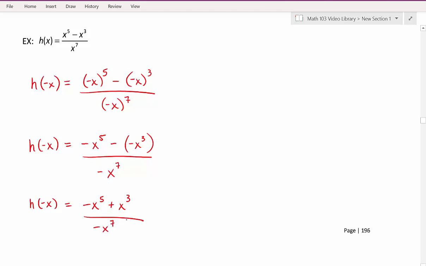We've simplified it, so let's start comparing with the original. Does it look like the original? No. Well, let's determine whether it's negative 1 times the original. I'm going to do my side work, figuring out what negative 1 times the original looks like.